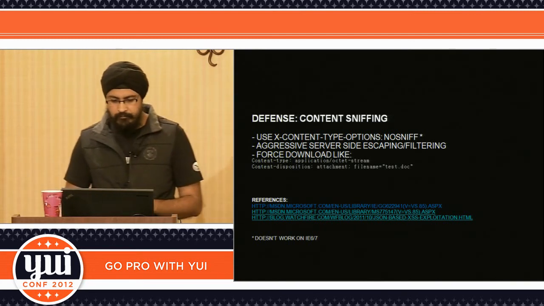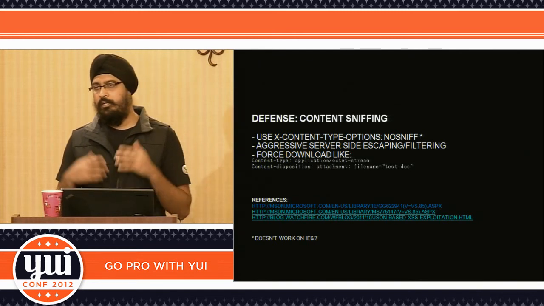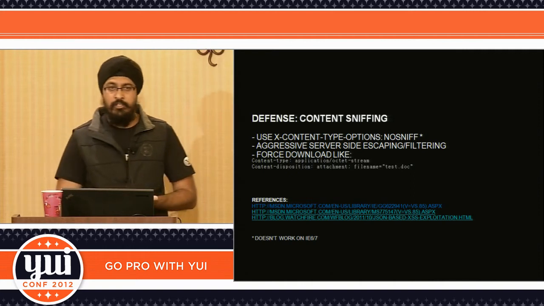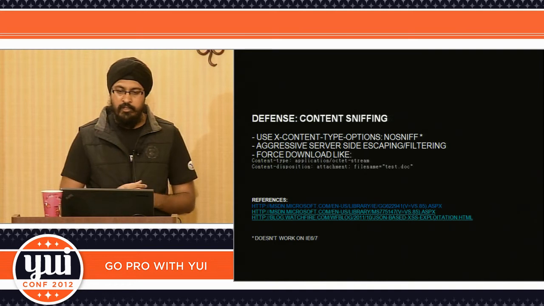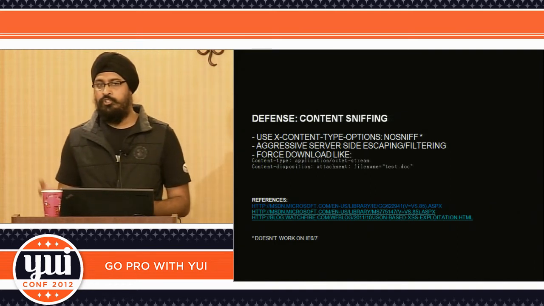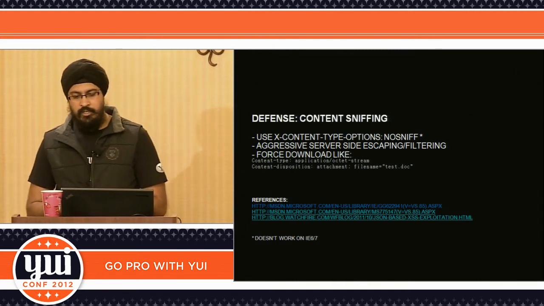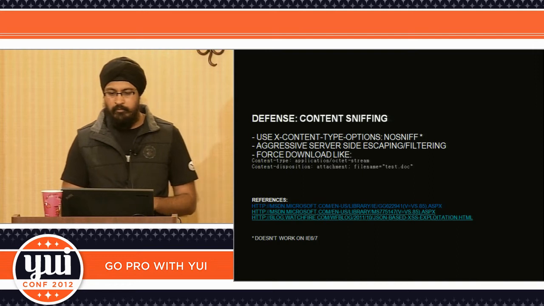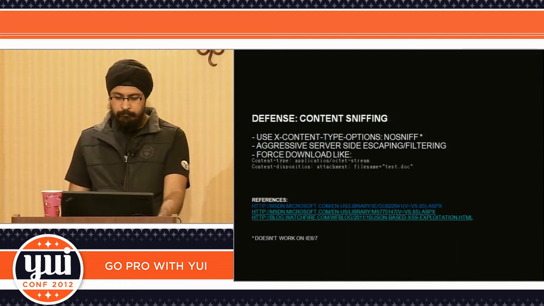So the best way is always to do as much filtering as possible if you're taking user-generated data like images, PDFs. Always try to run it through some standardization software, and always force the download if you want to ensure it is going to be a downloaded file. You can use application octet stream. You can use whatever extensions you are sending.